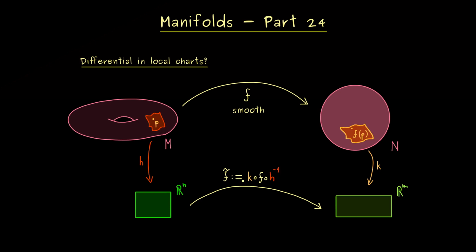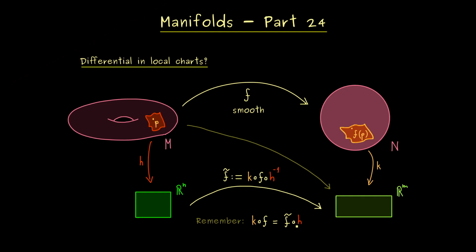Hence, now we can ask the question, what is the connection of the differential of F with the differential of F tilde? And in order to make everything a little bit simpler, we can bring this H inverse to the other side. So you should remember, K after F is equal to F tilde after H. So in other words, both maps here just represent the arrow from here to there.